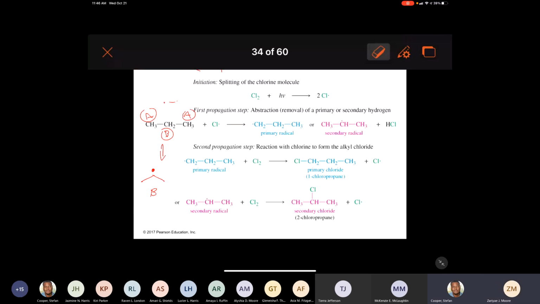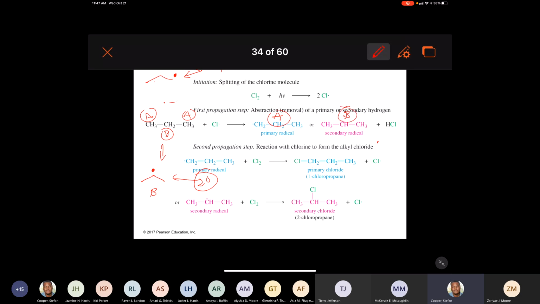Would it be secondary? Yeah, that's right. Very good. It won't let me do what I want to do here. But this is a primary up top, and this one is a secondary radical. Very good. So we look here, our A radical is there, and our B radical is right there.